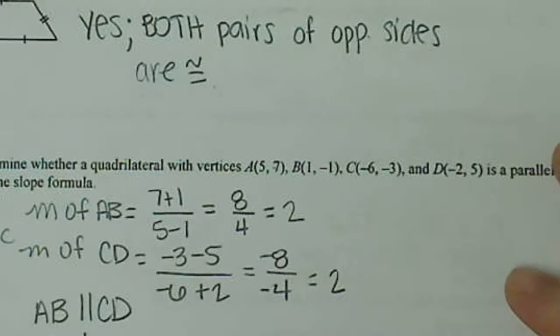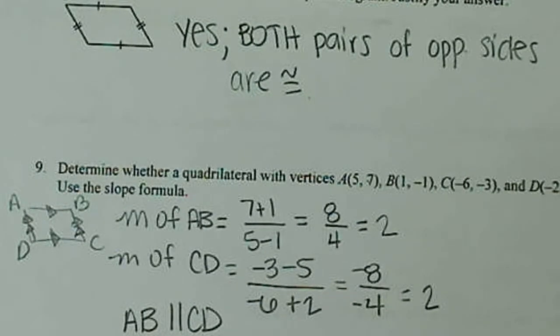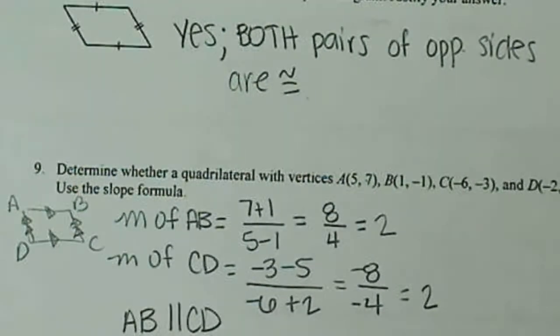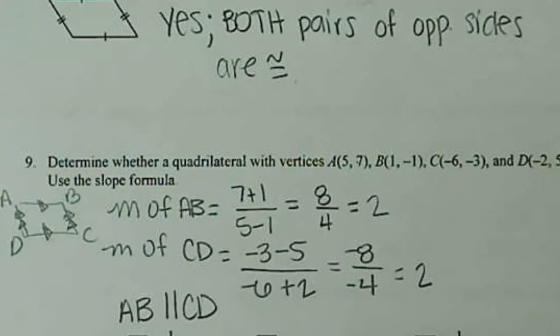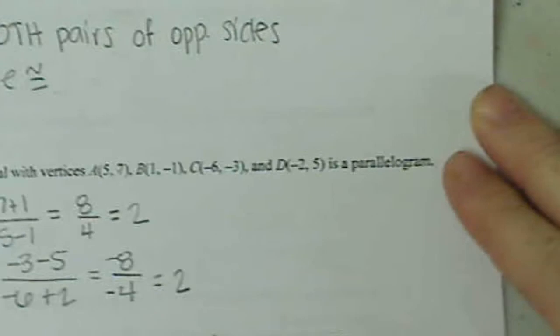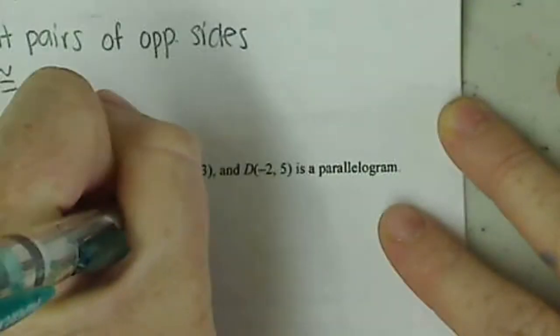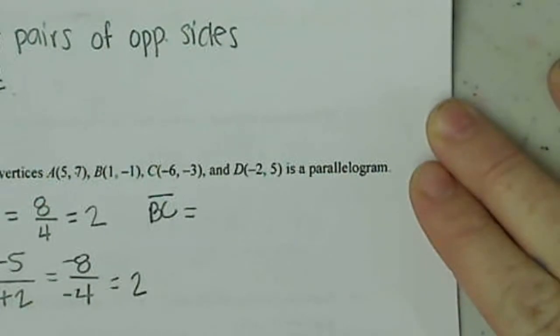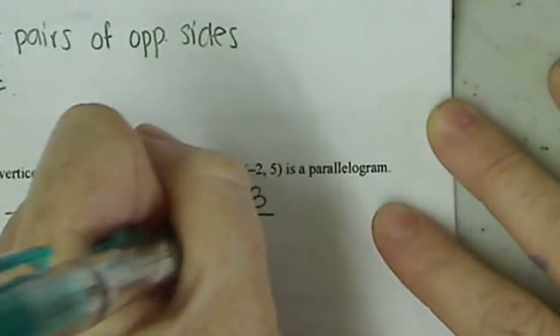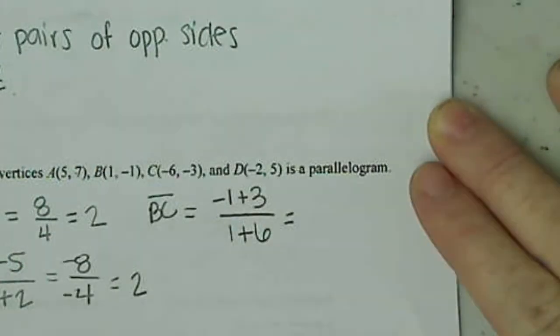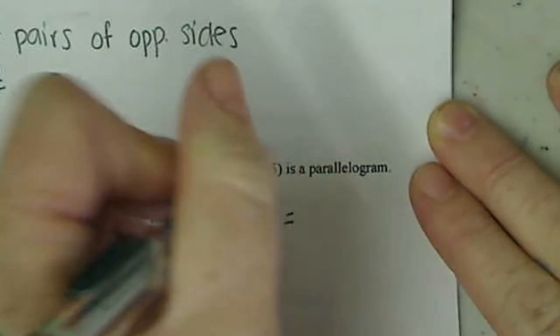Now, you might want to stop there because one pair of sides is parallel, but that does not make it a parallelogram. Both sets have to be parallel. So now we need to prove AD and BC are parallel. So we're going to do the same formula, but for BC and AD. The slope of BC is negative 1 plus 3 over 1 plus 6, which is 2/7.